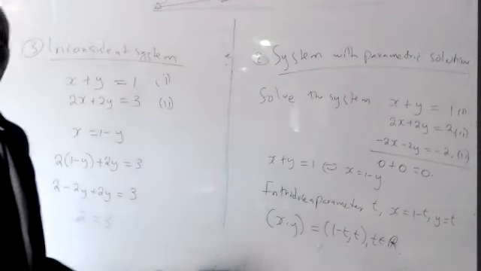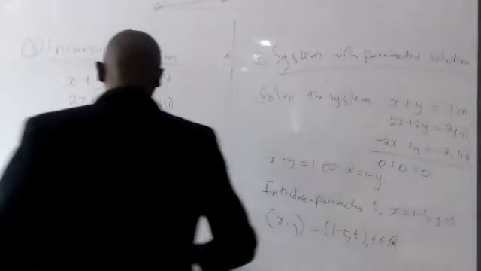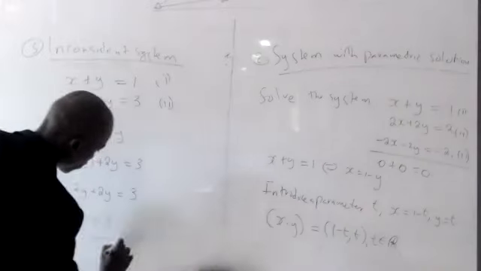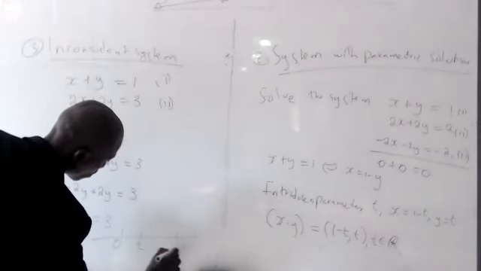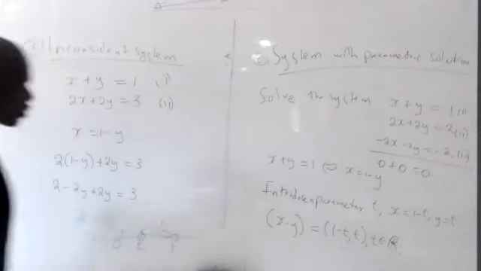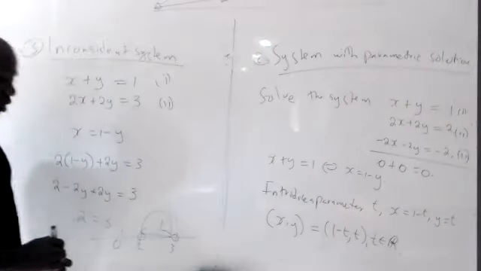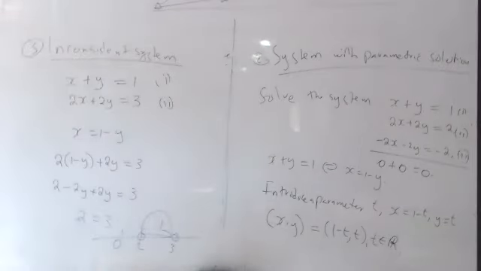It's not a true statement. We know that 2 and 3 are distinct real numbers. On the real number line, from 0, there is 2, and there is 3 somewhere there. These points are separated by 1, so 2 can never be equal to 3. So the system is inconsistent.